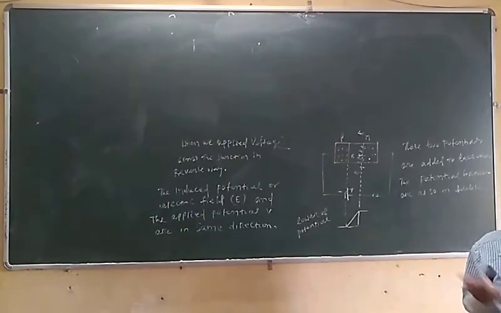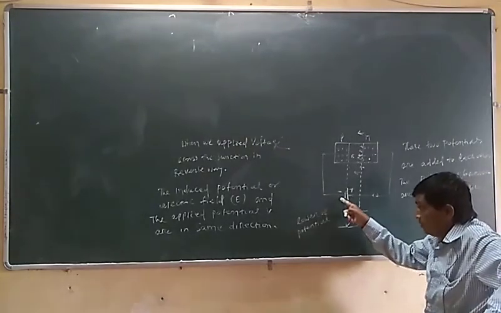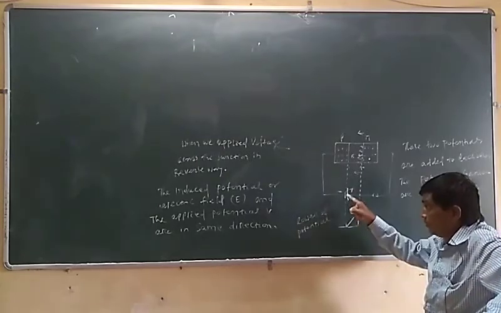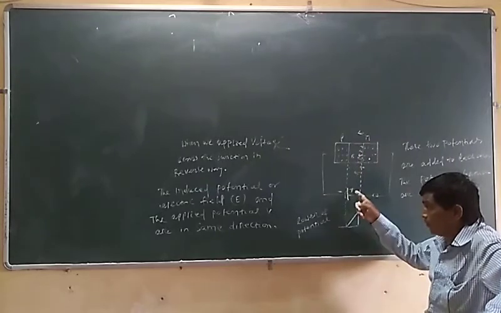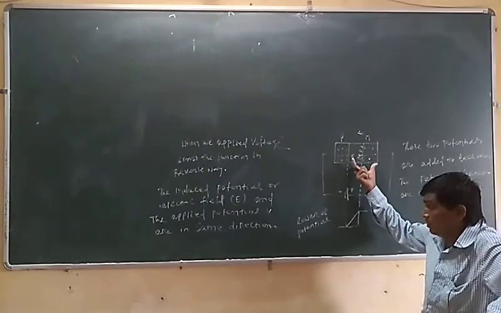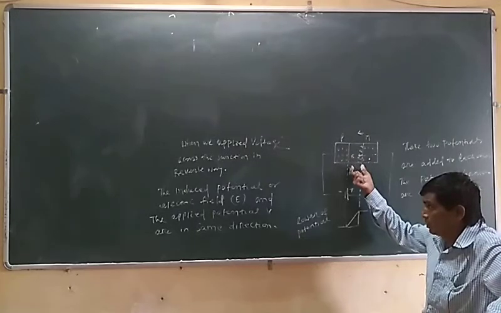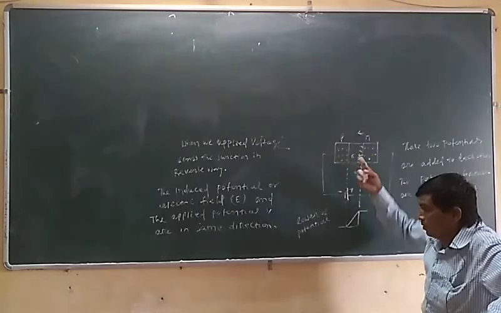But in forward condition, the potentials are connected positive to positive and negative to negative. That is also known as a true connection. By the true connection, the potential barrier will shrink, and then it will collapse.